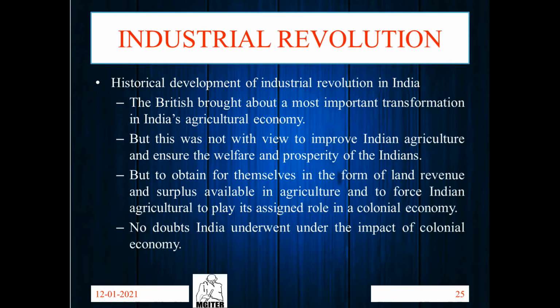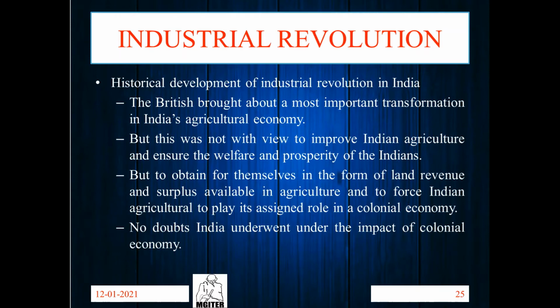Because the textile industry was dominant, they needed cotton. And where did they grow cotton? In Indian agriculture. Indian farmers grew cotton and the Britishers bought it at a lower price. Then Indian agriculture did not improve. There was no effect on Indian agriculture because of the industrial revolution. Nothing.